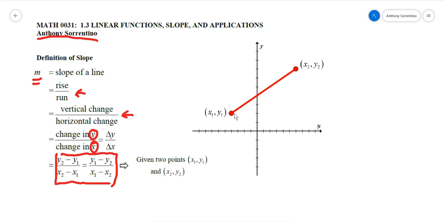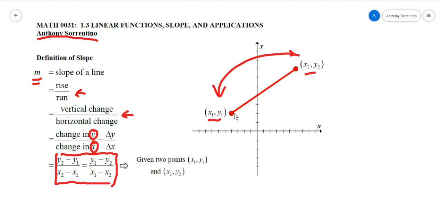Basically, if I'm given 2 points, x1, y1, and x2, y2, where again, these two things could be interchanged quite easily. It doesn't matter which one you're naming x2, y2, which one you're naming x1, y1.